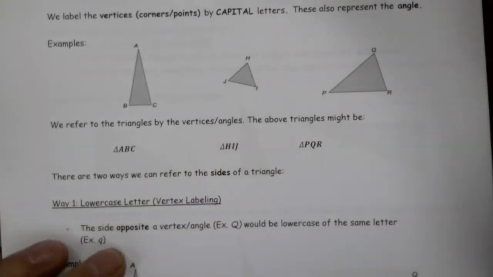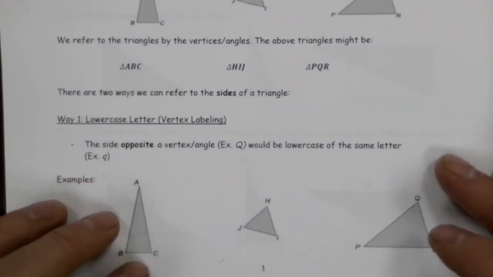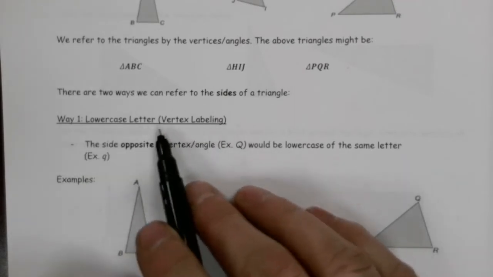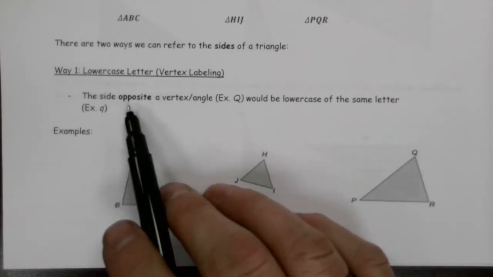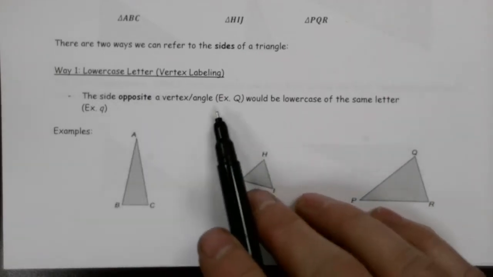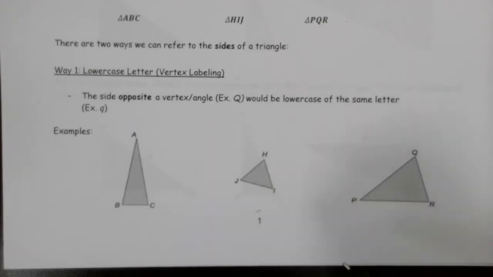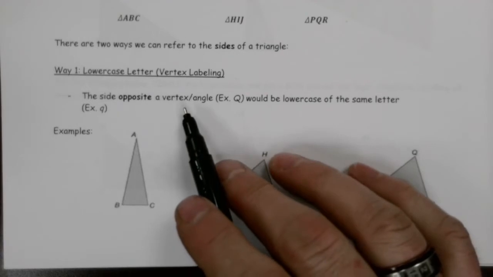Now, there are a couple of ways that we might refer to the side of a triangle. One way is to use a lowercase letter. This is our vertex labeling. What we do is we take the side opposite a vertex, for example Q, and we label that side with the lowercase letter of that vertex.